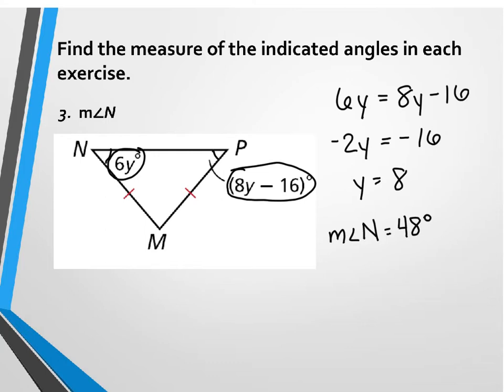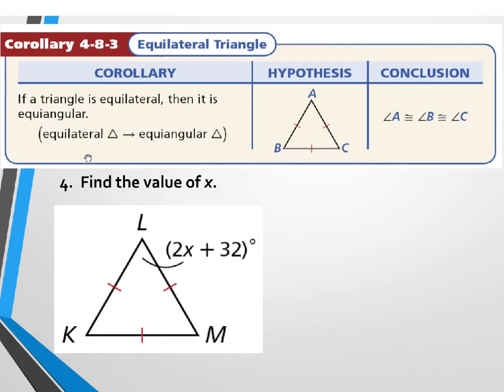So let's take a look at what I have for you next, which is some theorems on equiangular and equilateral triangles. Okay, this next theorem, or corollary, as this thing states in this slideshow, is about an equilateral triangle. So it says if a triangle is equilateral, then it is equiangular.